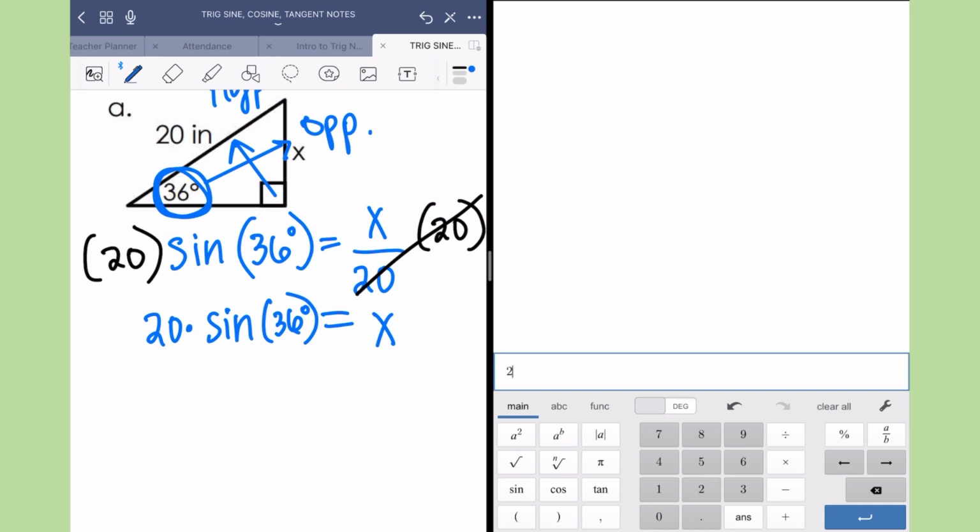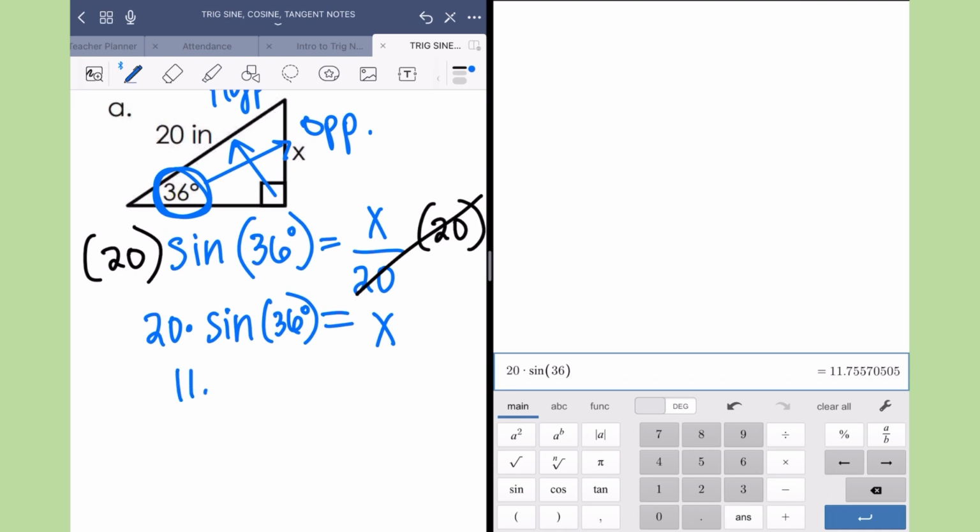20 times the tangent. No, not tangent. The sine of 36 degrees. And that gives me a decimal, so we do have to round. We're going to round to the thousandths, which means 3 numbers after the decimal.